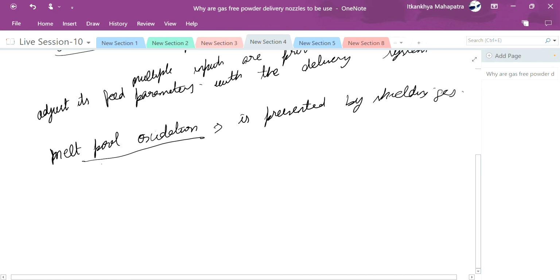Additional provision of shield gas is provided for protection of laser optics from metal fumes and powder particles.